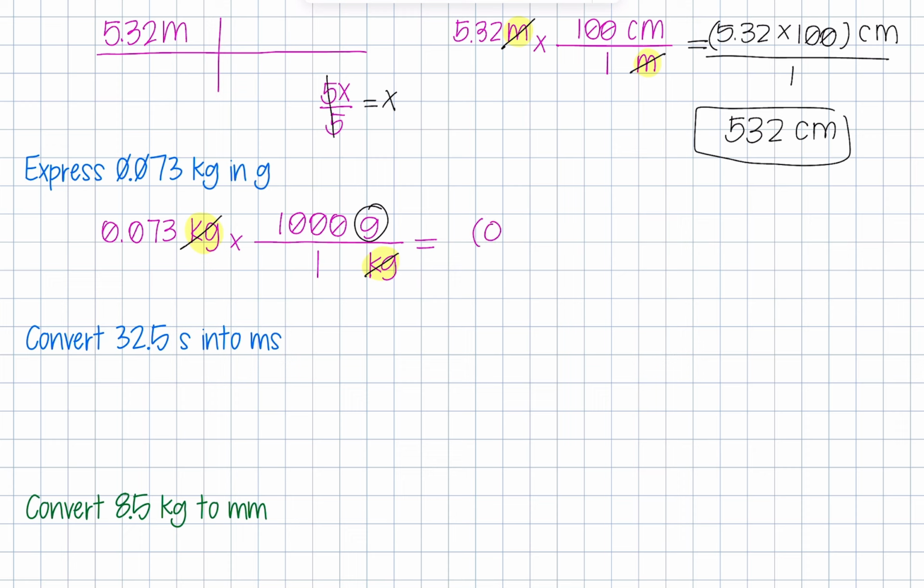And I get 0.073 times 1,000. And then my units that I'm left with are grams, divided by 1. And my final answer here will be 73 grams.